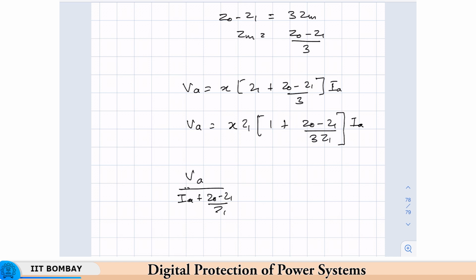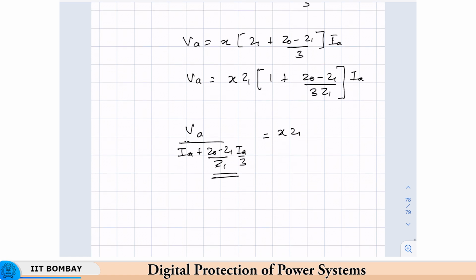So this we will simply replace IA by 3 by I0, and since this factor here, (Z0 minus Z1) upon Z1, is just a scalar multiplier which comes along with IA by 3, which we are replacing by I0, we will call it M, or some texts also call it K, the zero sequence compensation factor.